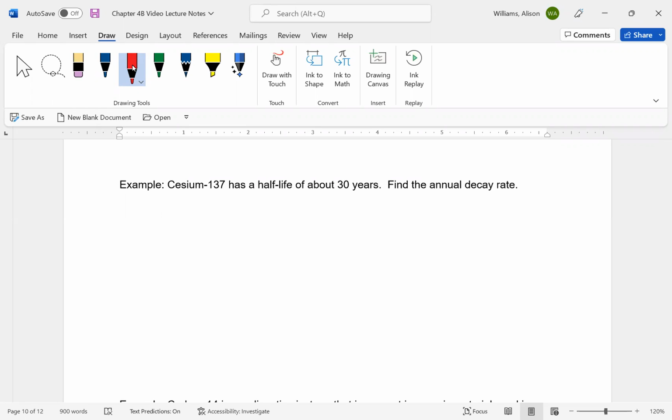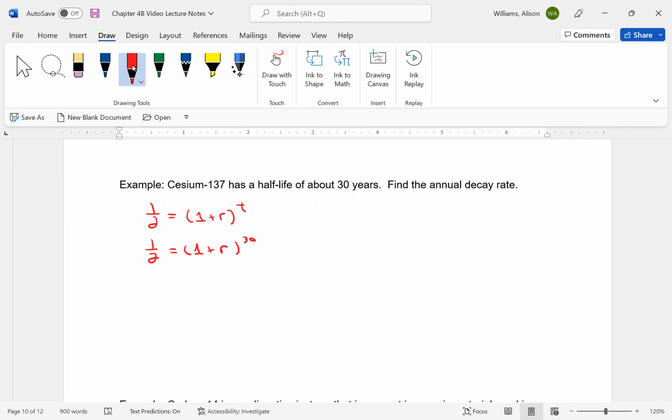So now they are asking for R. That is what they're asking for. So we're going to use the other version of the equation: 1/2 equals 1 plus R to the T. And we know that in 30 years, that is the time it takes to reach 1/2.